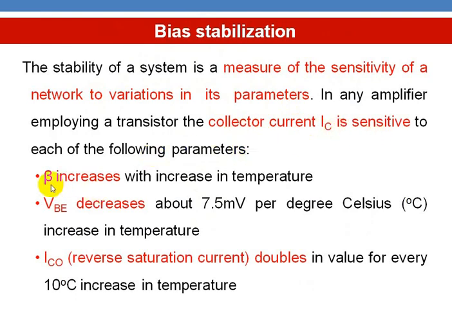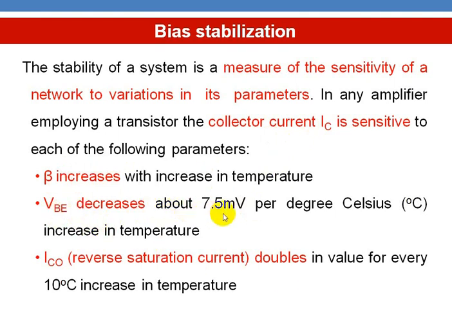For example, as I told you already, beta increases with increasing temperature. So this will also affect collector current. VBE also will affect the current IC.